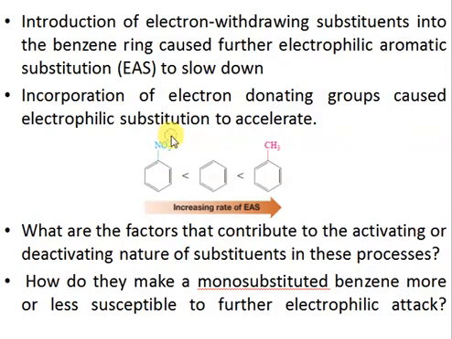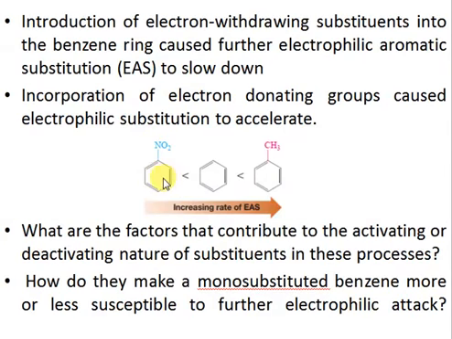But the problem is here we have now introduced an electron withdrawing group. So this electron withdrawing group is decreasing the electronic density from the benzene ring, and this electronic density is being shifted from the benzene ring to this nitro group. As a result, the electronic density on the benzene ring has reduced.